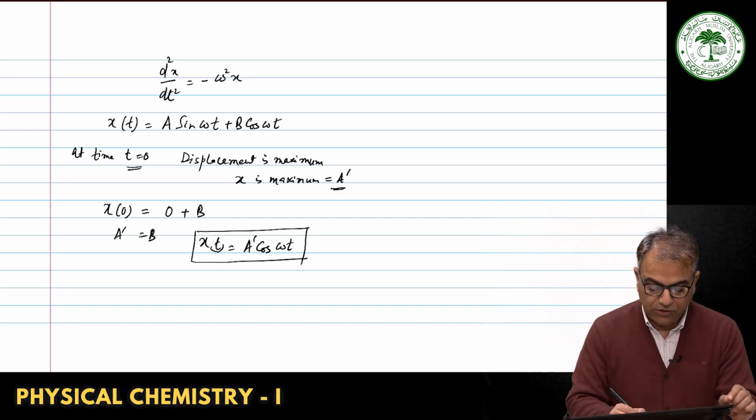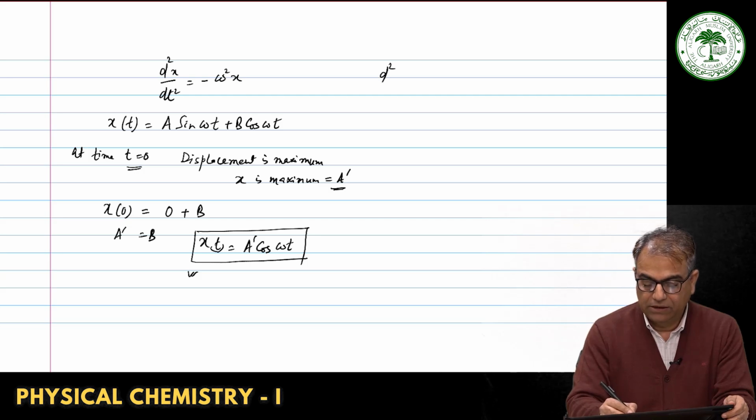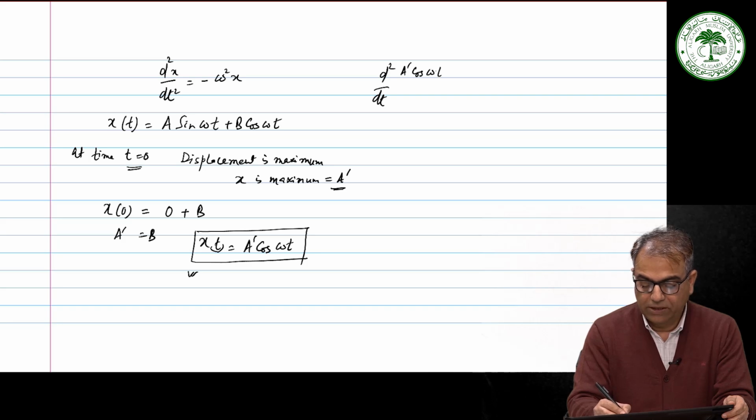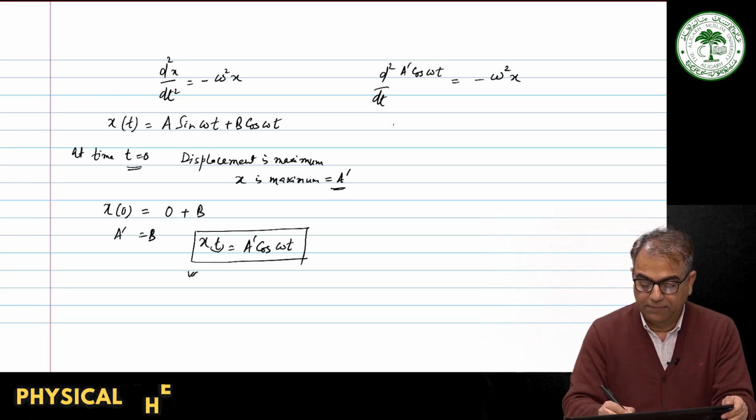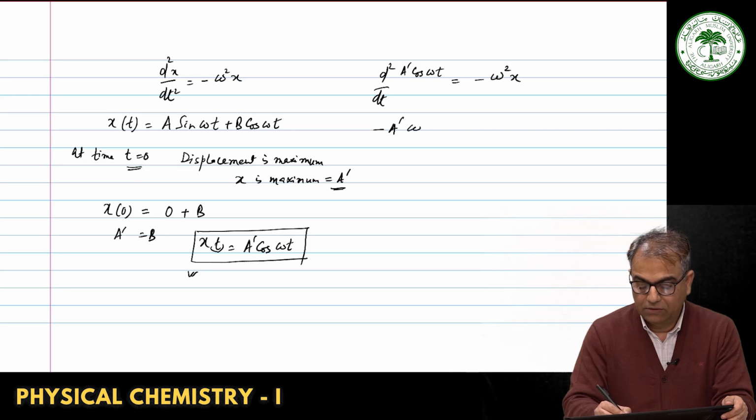Okay. So, this is your x at time t is equal to A prime cos omega t. If you put this value in the original equation, d square by dt square of A prime cos omega t is equal to minus omega square x. Then we can differentiate this twice, and it will be A prime minus omega square cos omega t.